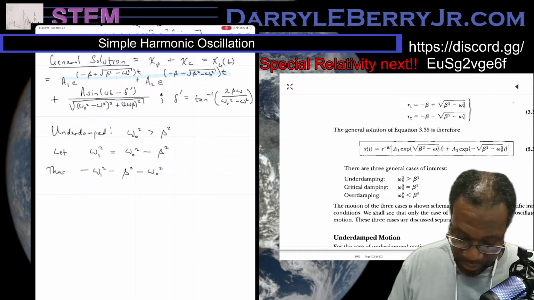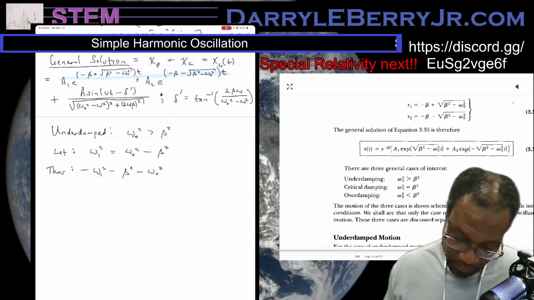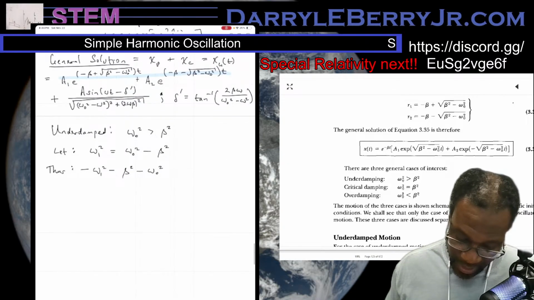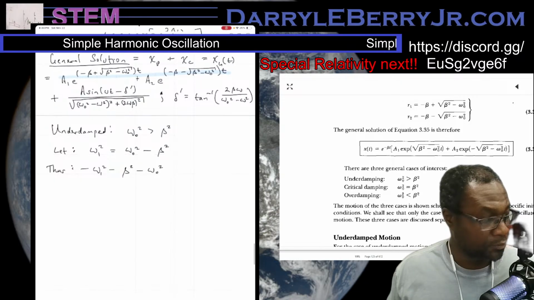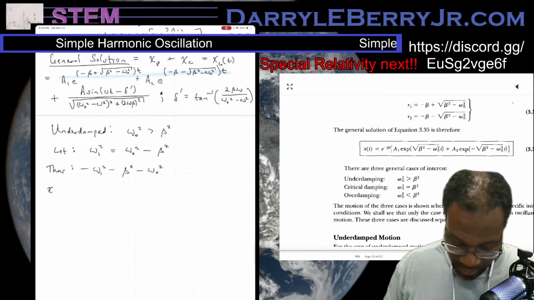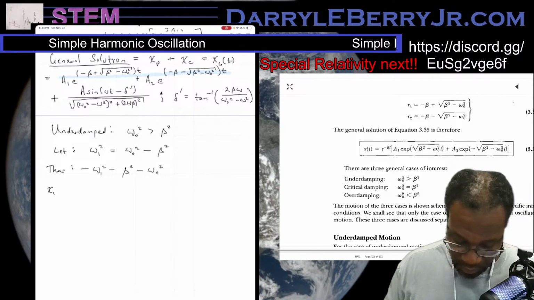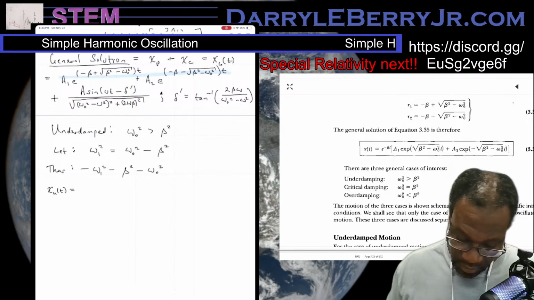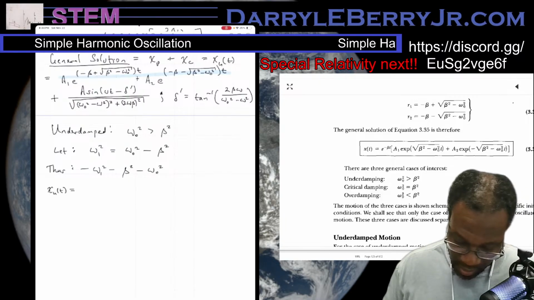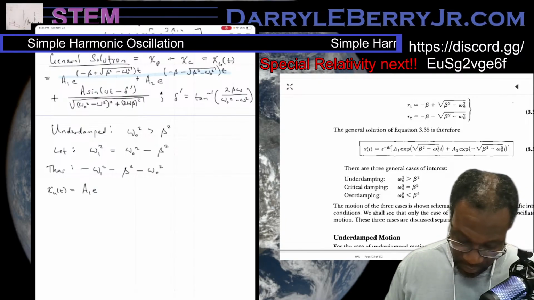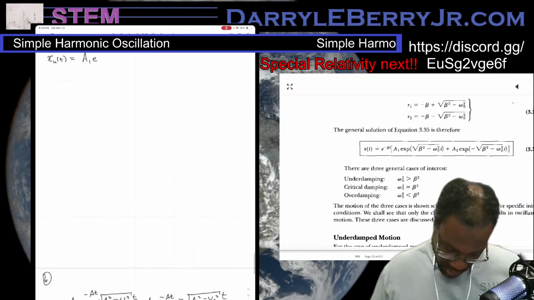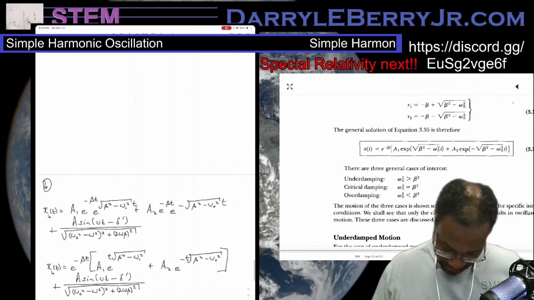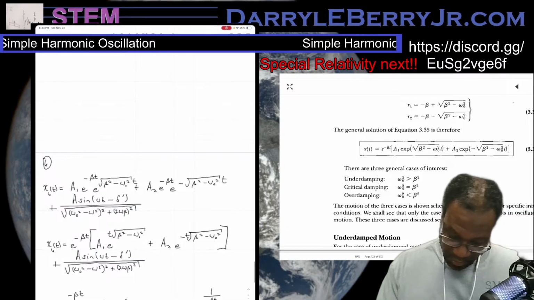So we have x of t equals a1 t. I wish I would have simplified this part earlier.